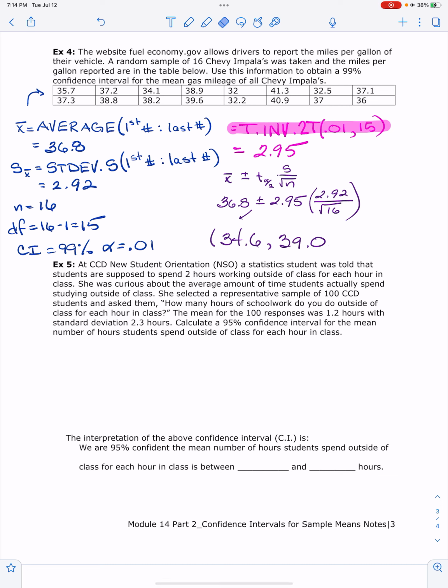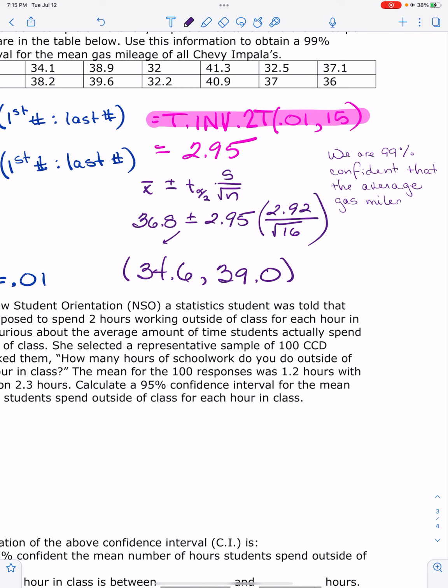We are 99% confident that the average gas mileage of a Chevy Impala is between 34.6 and 39 miles per gallon.